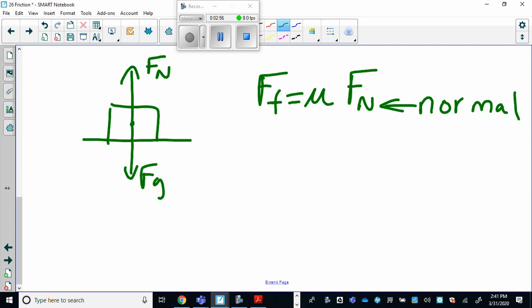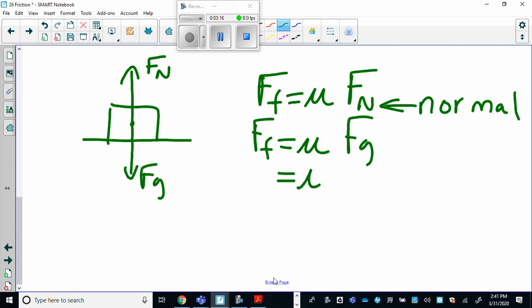Since the box is neither accelerating up nor down, the normal force must equal the force of gravity. So more often than not, when you're using this formula, the force of friction equals mu times what turns out to be Fg, or mg.